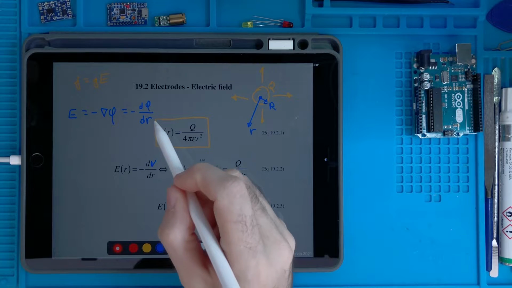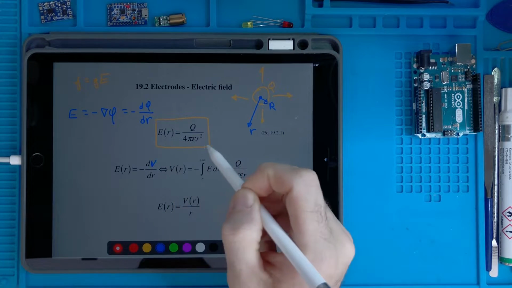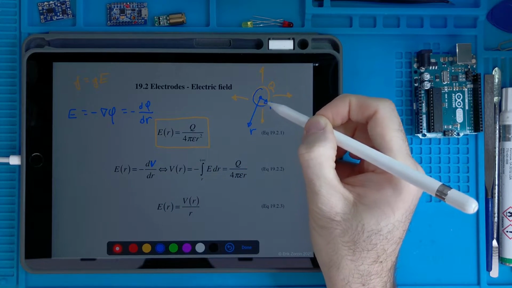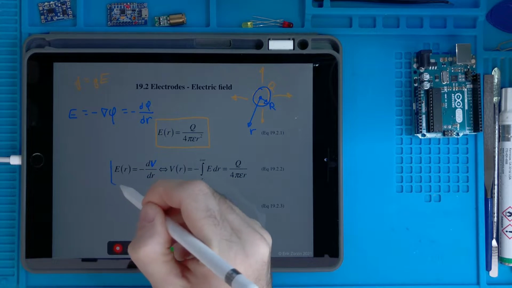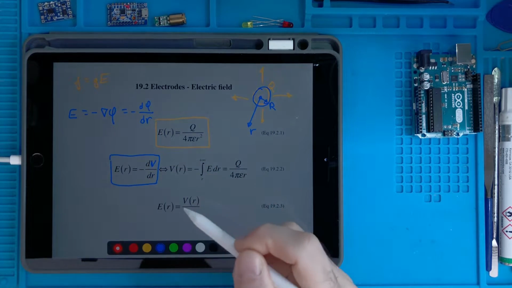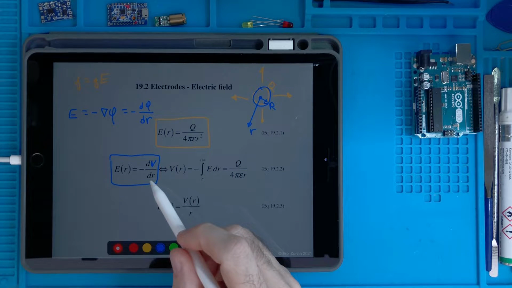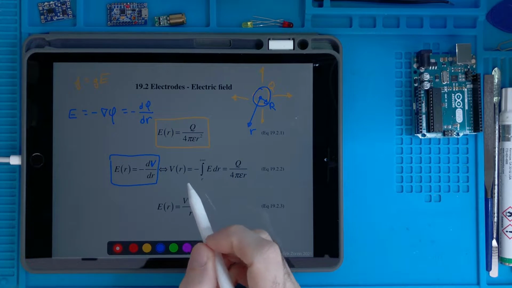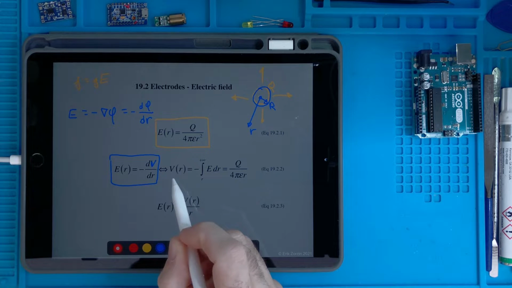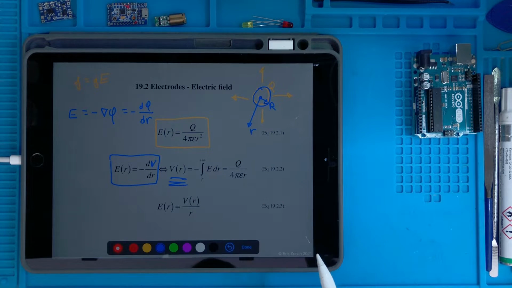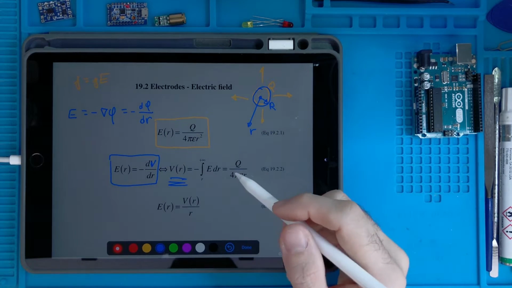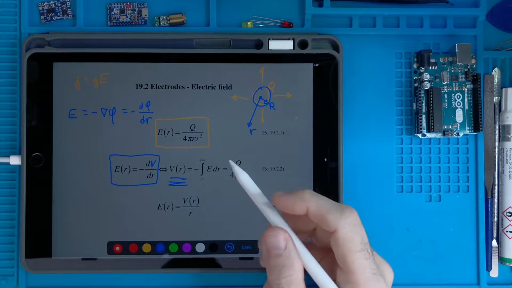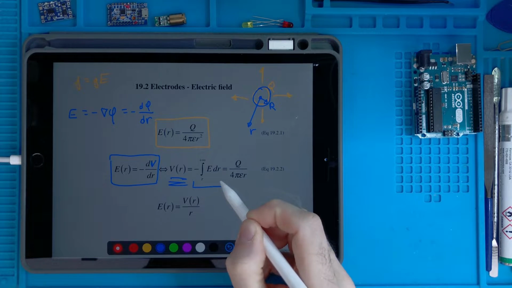But we know the shape of the electric field in this simple case of spherical symmetry, and therefore by writing this we can integrate it, and this gives us the voltage, the potential, as a function of the radius, which is this thing.